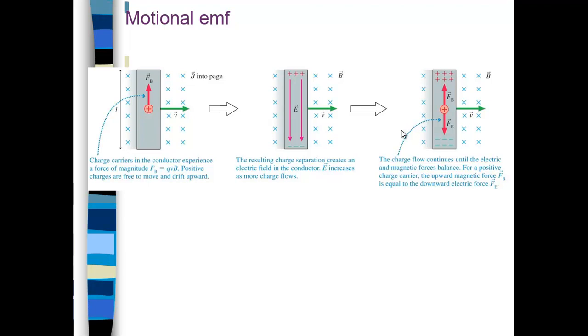So as you're pulling this conductor through this magnetic field with a velocity, the magnetic field in theory is changing. The force due to the magnetic field is offset by the force due to the electric field.